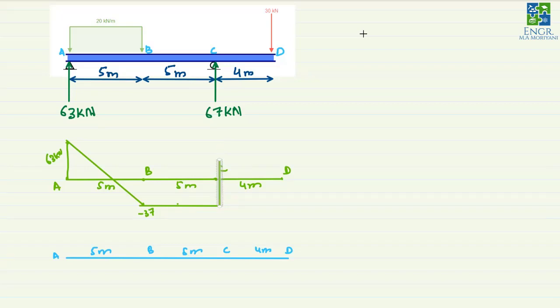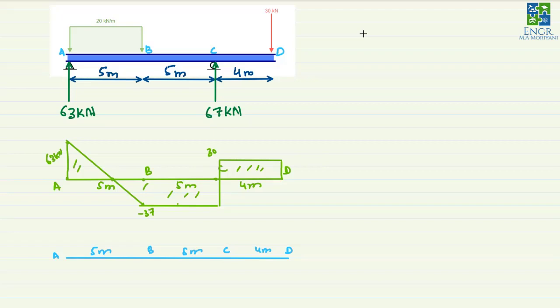So at this point the value should be plus 30, and because there is no force between C and D, this will be constant and continue up to point D. And at D, because we again have a concentrated load acting downward, this will bring the shear force to 0. So this is our shear force diagram.